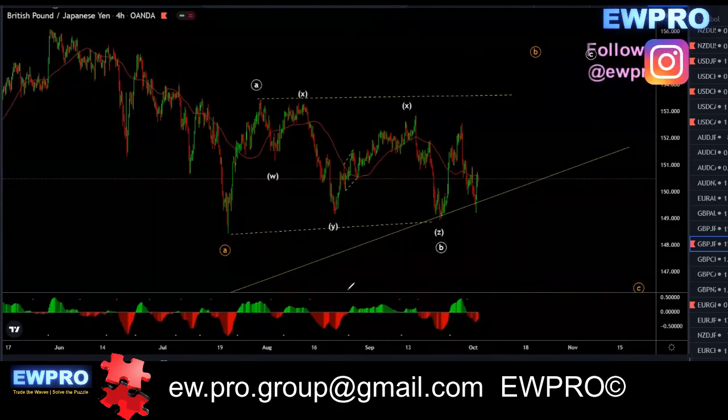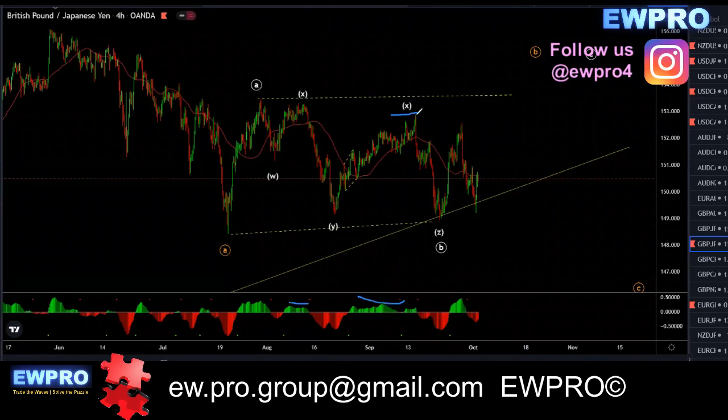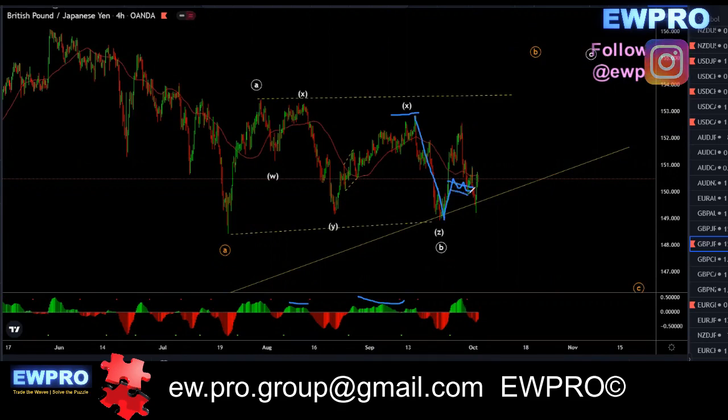We had that bear hidden here, and we were looking for that to go and break the low. Looking for a buy here, to go and buy for that C up. It's given a nice impulse up, but then it's given a very deep correction. It's not playing the game.